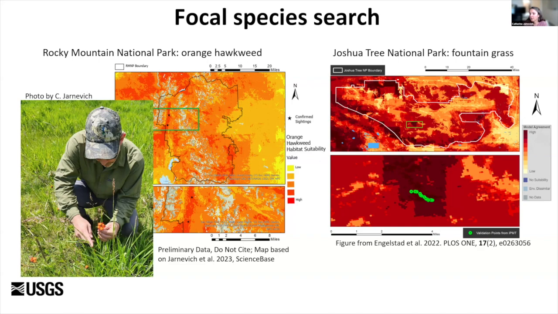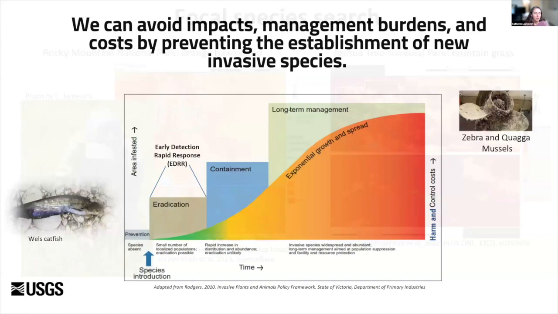There was an area highlighted as really high suitability for fountain grass that they hadn't visited before. They went there and did find some populations of fountain grass that they could conduct treatments on. So those are the use cases that we've worked with people on.